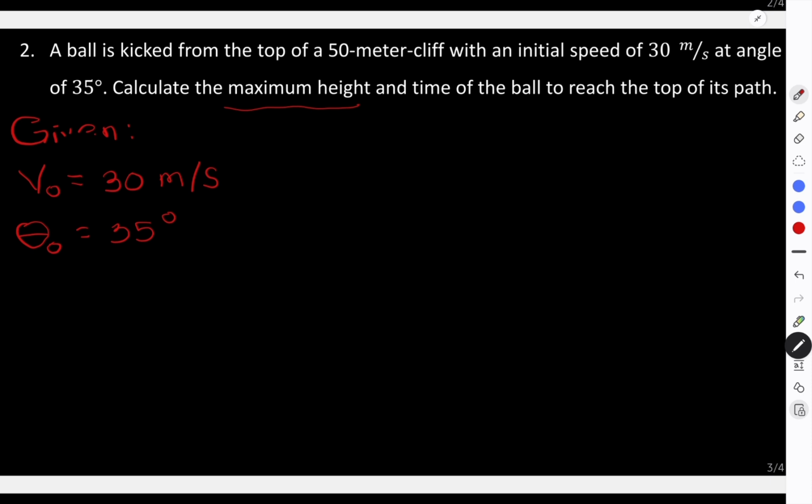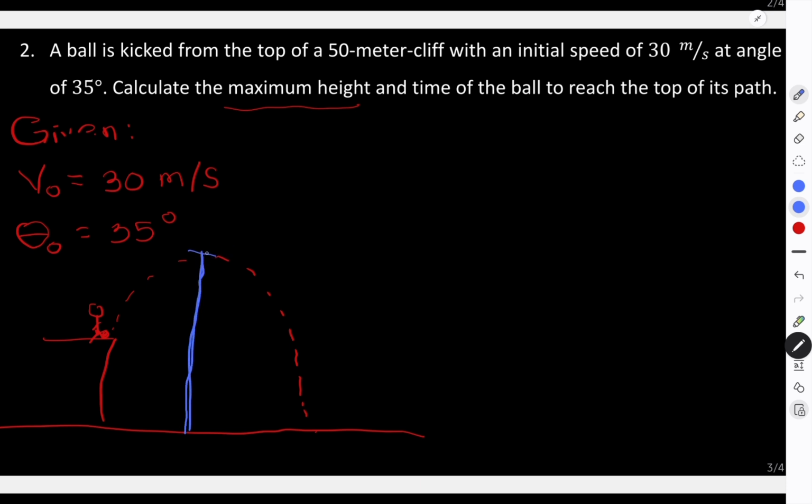Now remember, if this is the cliff, and this is the person kicking the ball, on this side, kicking it, that one. So let's proceed here, which means we just simply need to get this maximum height.